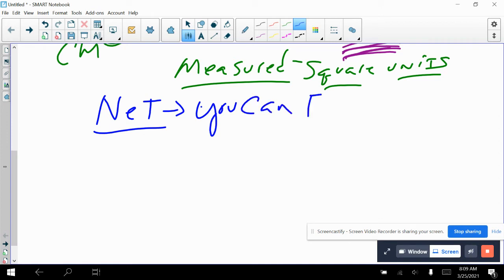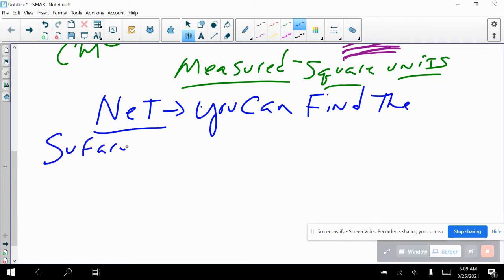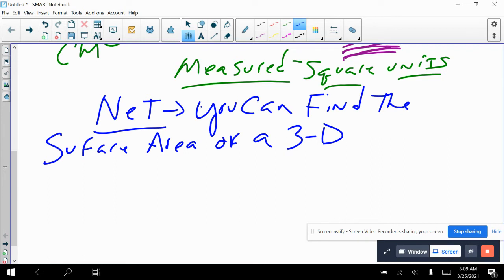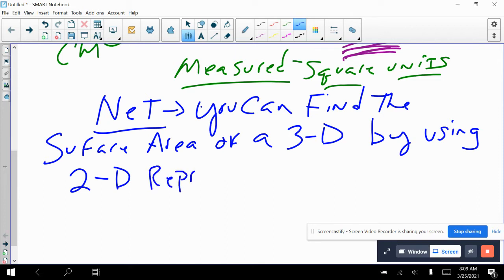You can find the surface area of a three-dimensional figure by using a two-dimensional representation of a figure.